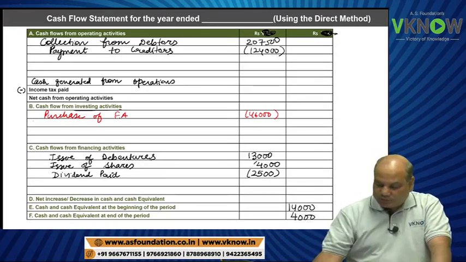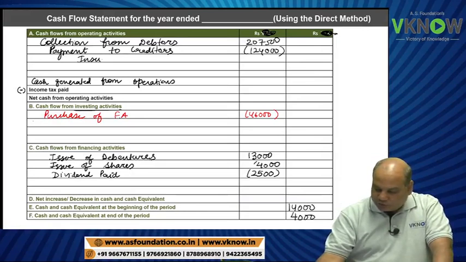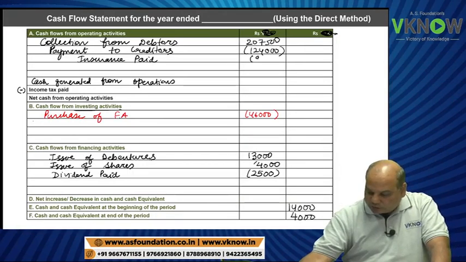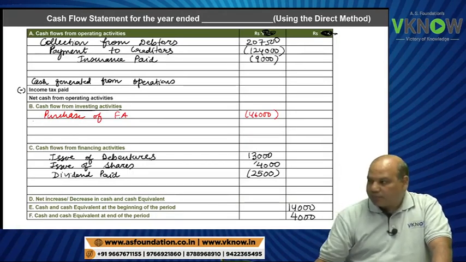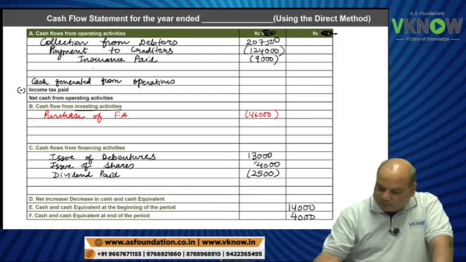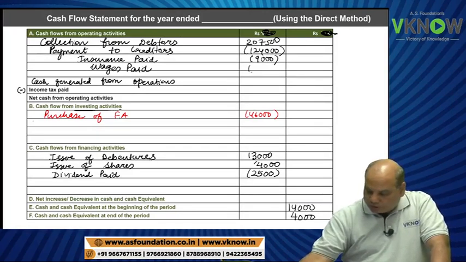Then insurance paid. Insurance paid was 9,000. And one more item was there, wages paid 53,000.